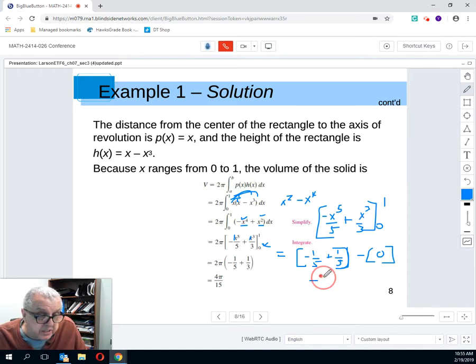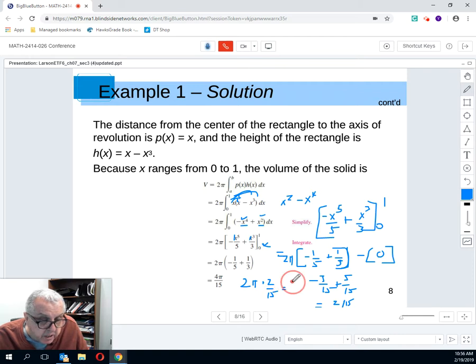This ends up, common denominator, 3/15 plus 5/15, which equals 2/15. And don't forget there's a 2 pi in front. So 2 pi times 2/15 ends up being 4 pi over 15, the answer that they get here.